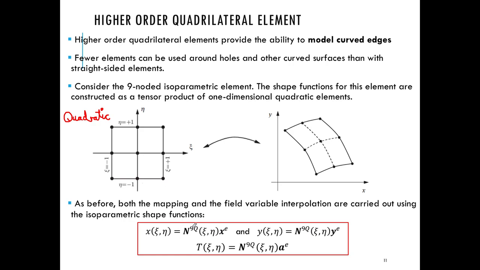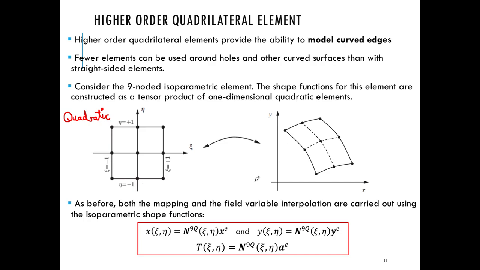Okay, so the 9 is basically telling us that it is quadratic, that is powers going up to 2 for the shape functions, right? And as before, each of our geometric mapping, that is x and y, and our temperature or essential variable interpolation is performed using our same shape functions, right?